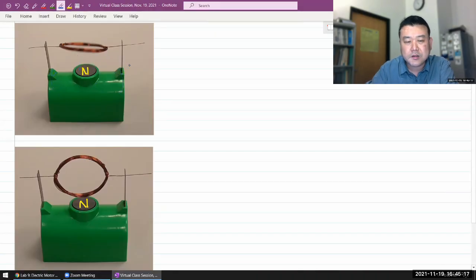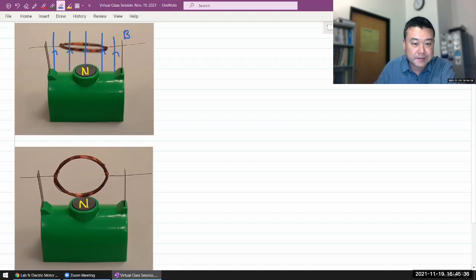But for the purpose of discussion, let's just suppose that we have a region of uniform-ish magnetic field over the entire current carrying coil. Again, this is not quite realistic. That's not how the actual physical demo is set up.